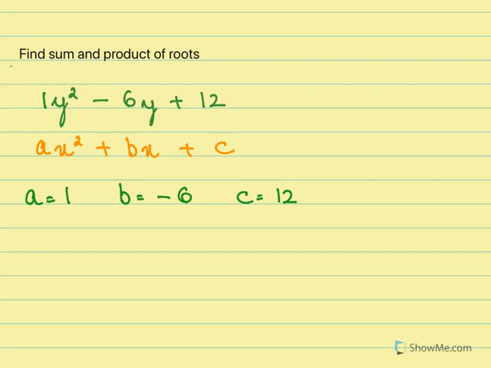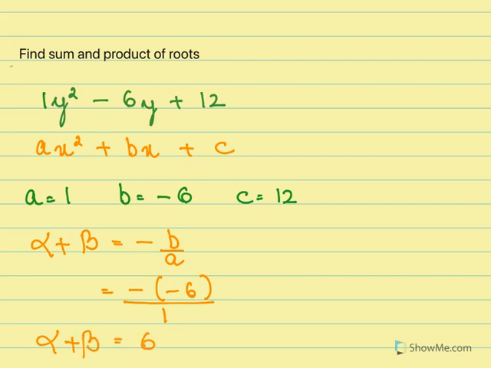Now to find the sum of roots, we know sum of roots is alpha plus beta, which is equal to minus b by a. So minus, we see b is minus 6. So this would be minus minus 6 and a is 1. So sum of roots equal to 6.